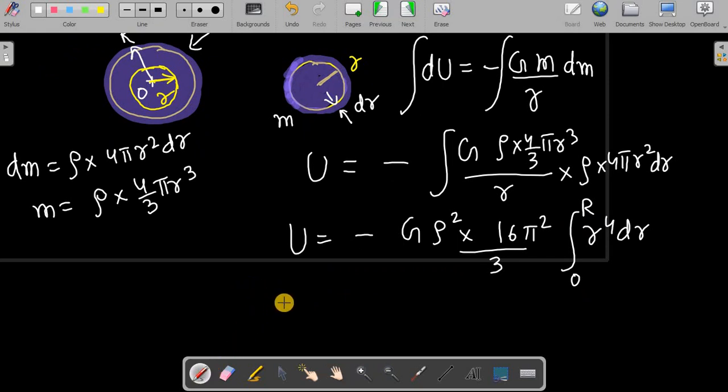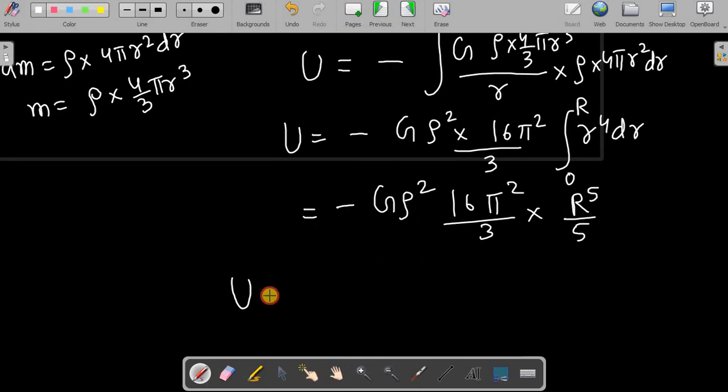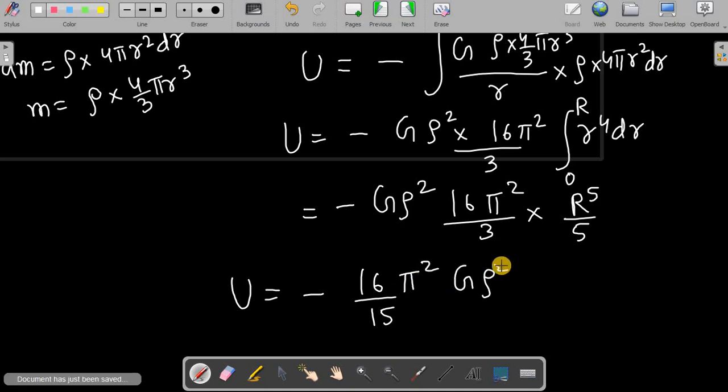Now you can integrate: minus G rho square into 16 pi square by 3 times R5 by 5. So the final potential energy of a solid sphere is minus 16 by 15 pi square G rho square R5.